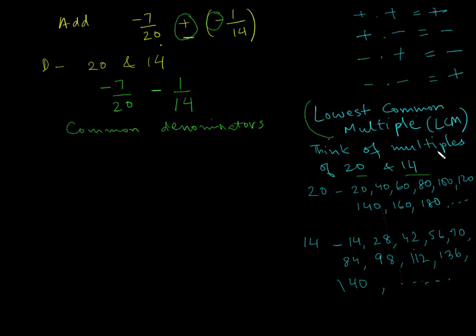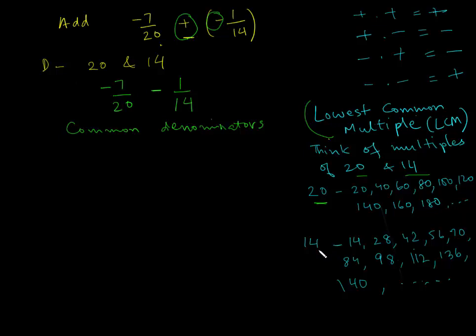So if we think of the multiples of 20 and 14 and then find the very first number which is common in the list. If we create a list of multiples of 20, those will be 20, 40, 60, 80, 100, 120, 140, 160, 180 and so on.